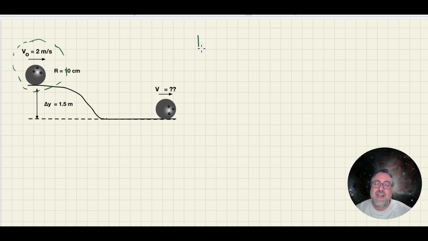So my initial energy here, what forms do I have? Well, I have potential energy. That's going to be the mass of the ball times gravity times that height, delta y. I have translational energy due to the center of mass motion. That will be equal to 1/2 mass of the ball times the initial velocity squared.